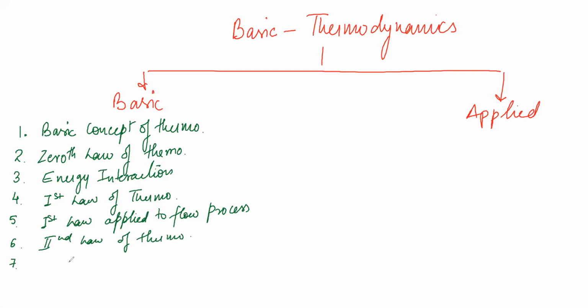The next chapter is your entropy. And the eighth one we are going to study is your availability concept, right? Availability, that is the available energy we have in that case.